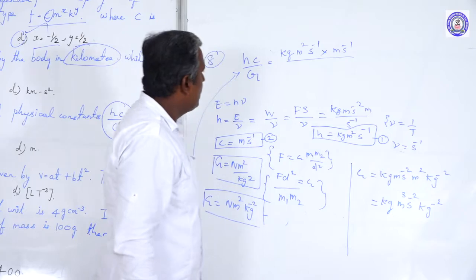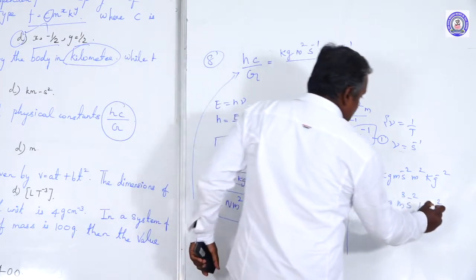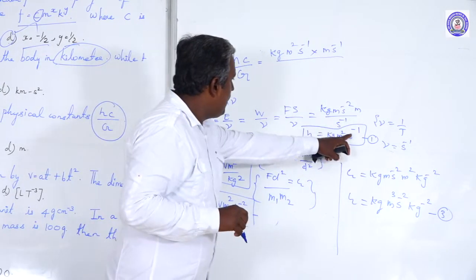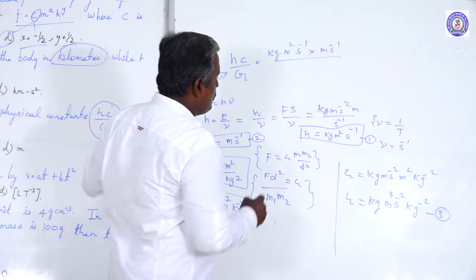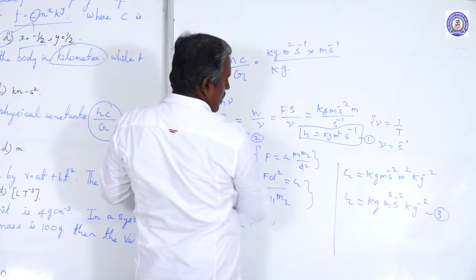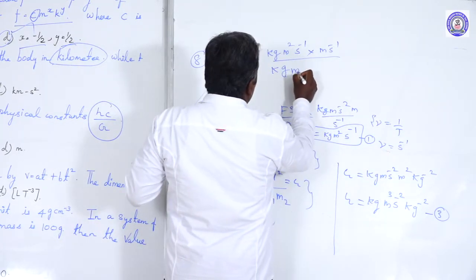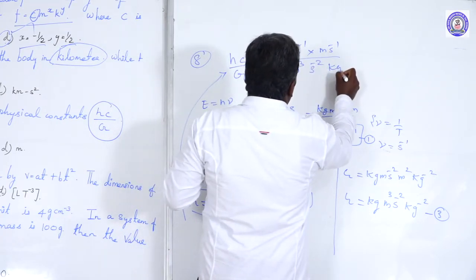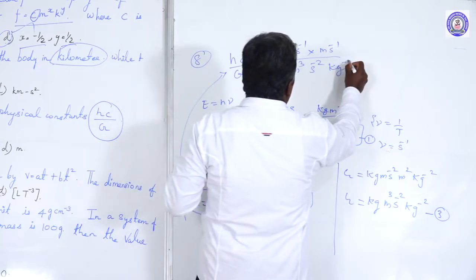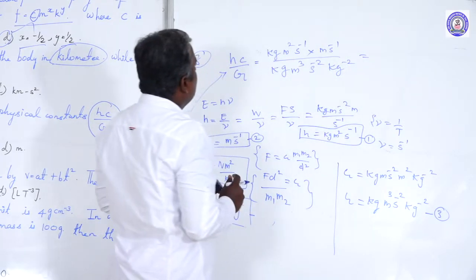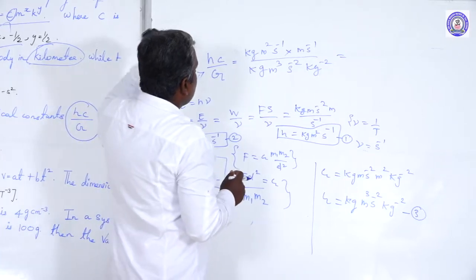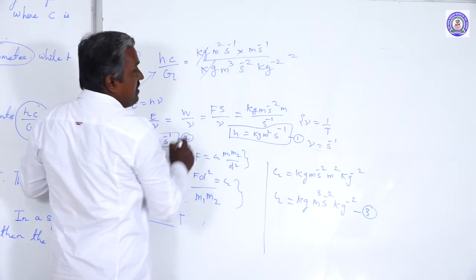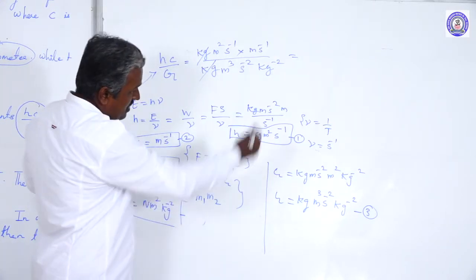Okay, clear? Now substitute. Let us consider this as equation number 3. So 1, 2, 3. So for G, kilogram meter power 3 s power minus 2 and kilogram power minus 2. Come on, try yourself. Kg cancels, very simple, but the way is very lengthy.